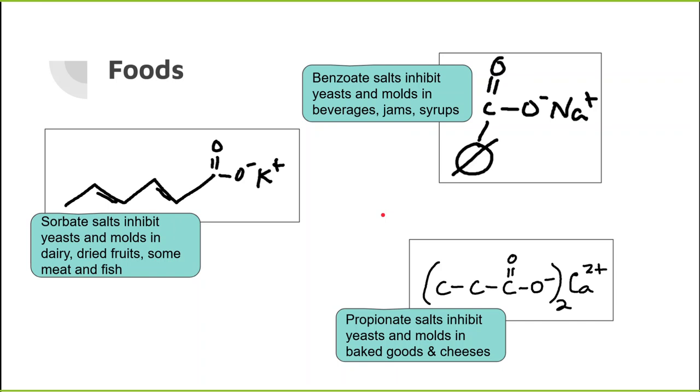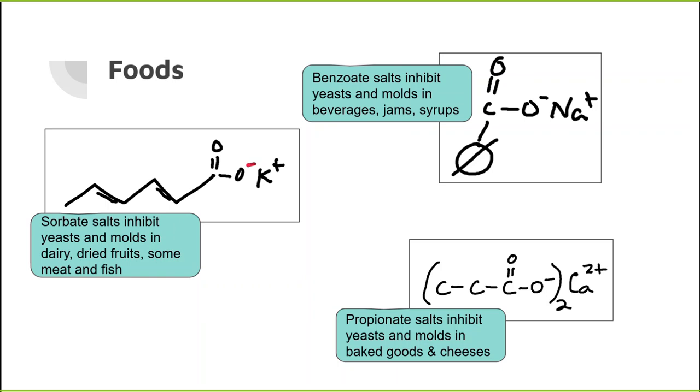Foods, salts are used in food preservation. Sorbate salts inhibit yeast and molds in dairy, dried fruits, and some meat and fish. And so here you can see we've got double bonds in here. And then this is a carboxylic acid salt because the hydrogen's gone.